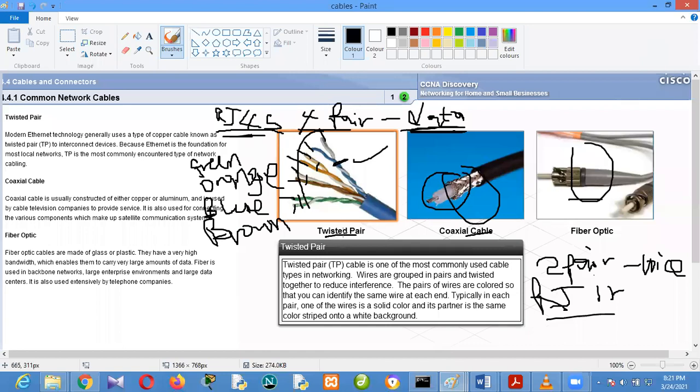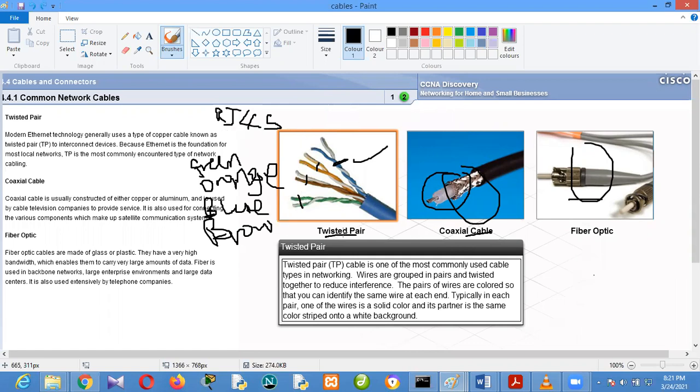So, back to what I was talking about, twisted pair. I said twisted pair has about 4 pairs of cables: green, orange, blue, and brown. Now, just take note that green and orange are data cable.